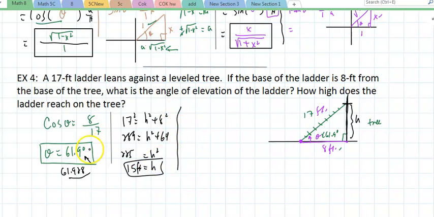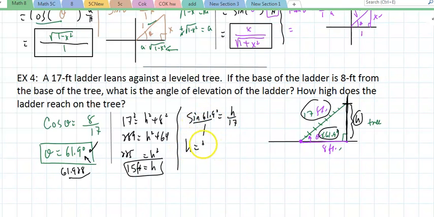I could have used trig. Let me see what happens if I use the 61.9. I have an angle, and I want to use the opposite and the hypotenuse. The sine of 61.9 degrees equals the height over 17. If you cross multiply, I'll let it slide if you use this, but you should be a bit careful.